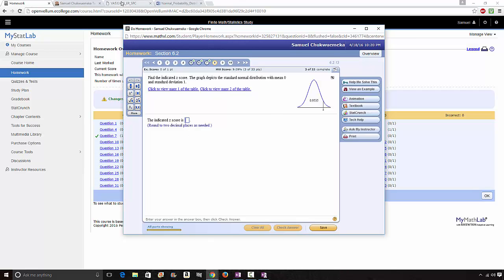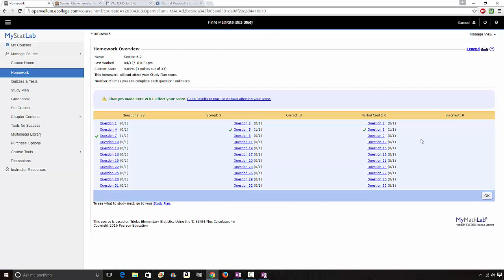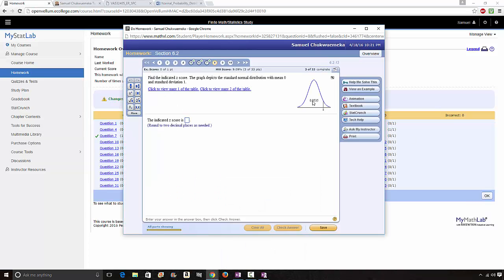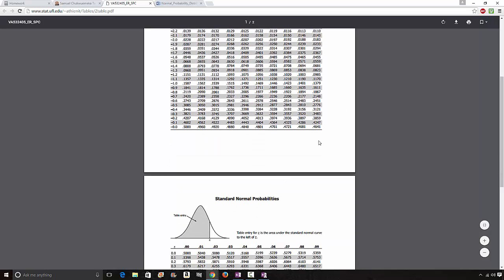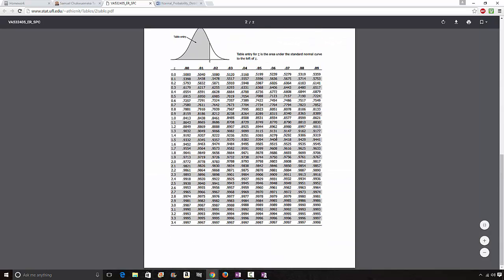So we look at our table. Let us look for 0.9535. We come here, 0.9535. So you see, this is 0.9535 right here. Then we now look at the z-score for that, and this is 1.68. 0.9535 is 1.68. 1.6 here plus 0.08.